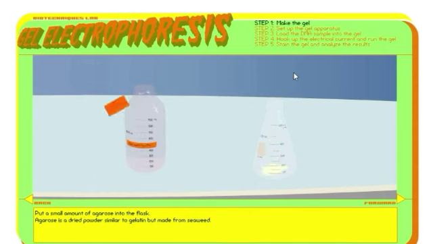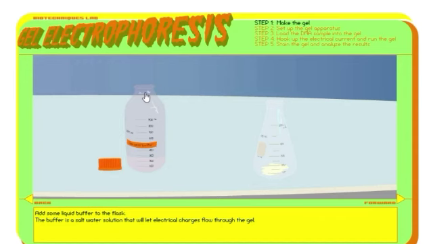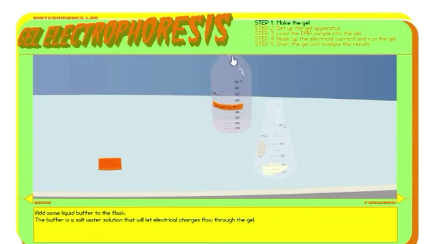Then we have here some liquid buffer. Then we have to put some into the flask, where our buffer is our salt water solution that will let electrical charges flow through the gel.